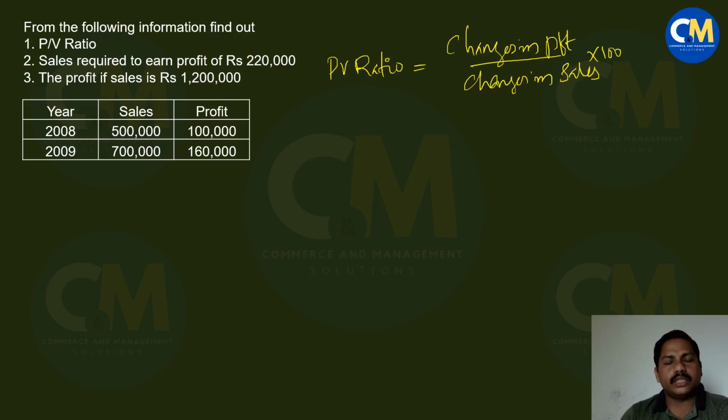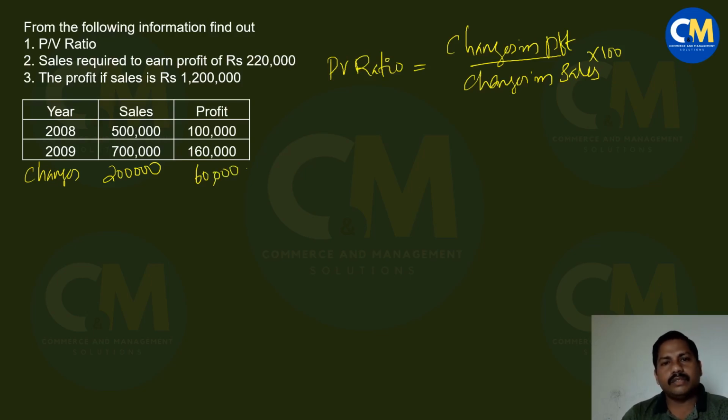From this question, you can calculate how much is the change in profit and how much is the change in sales. The change in sales: in the first year it is 5 lakh and in the second year it is 7 lakh, so the change is 2 lakh. Profit changes from 1 lakh to 1 lakh 60,000, so the change is 60,000.